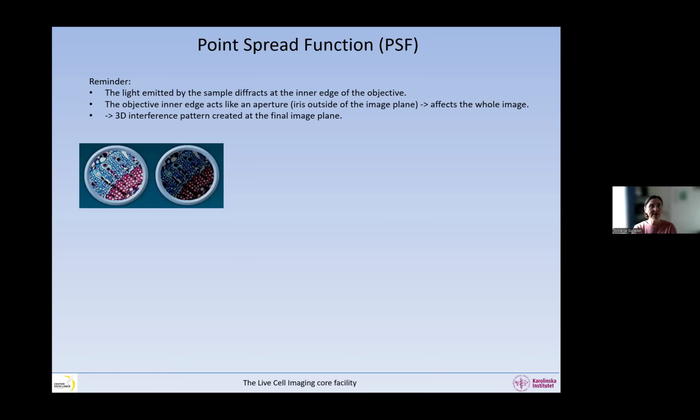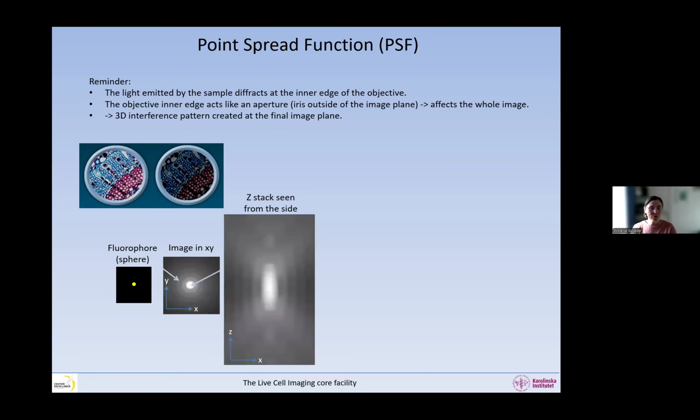Then at the end of the whole optical train, we end up having the final image of our sample, and this is a 3D interference pattern, and this is what we actually record. So a little fluorophore, which is a tiny sphere, which has the same dimensions in all directions, in the XY direction looks like a much bigger blob with some rings around.